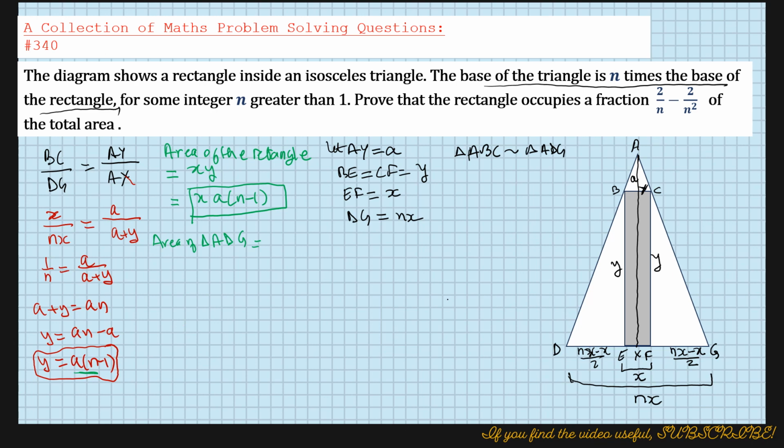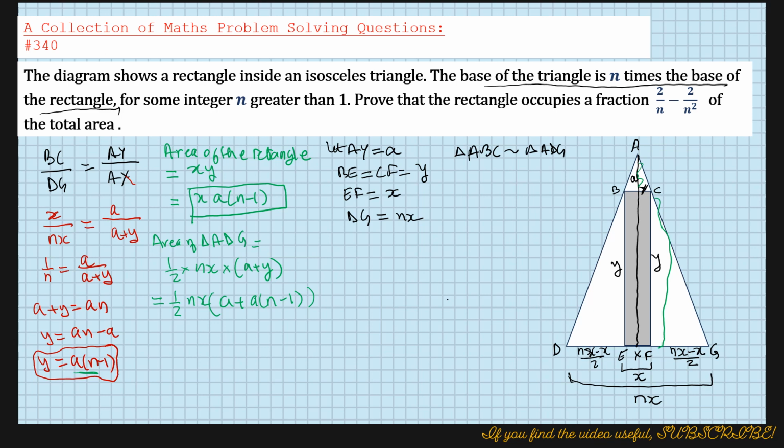So the area of triangle ADG is half times nx times a plus y. That's the height, a plus y, because this little bit is a and this is y. So we can rewrite that as half nx times (a plus a times n minus 1).